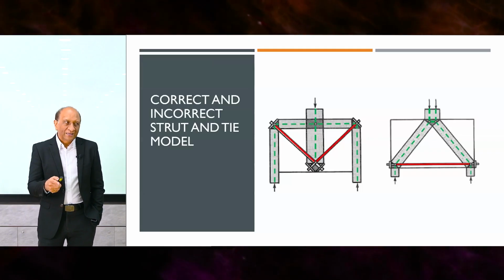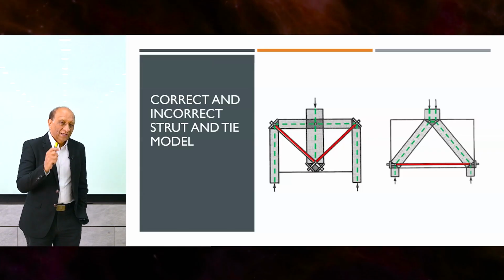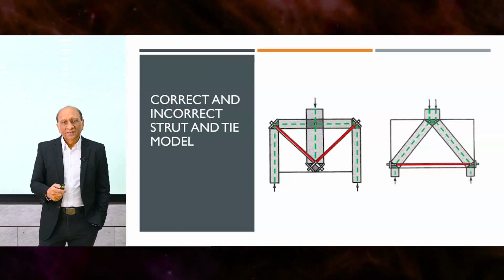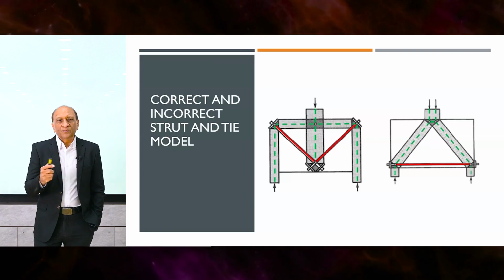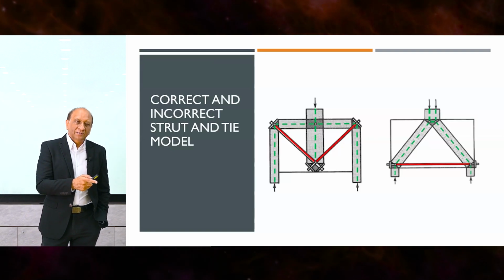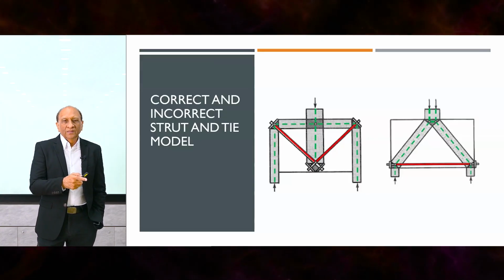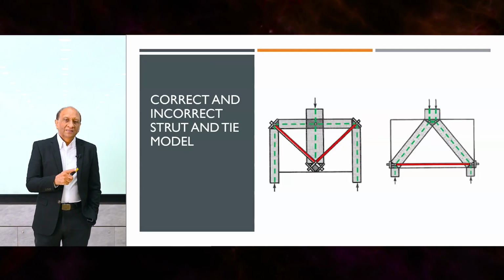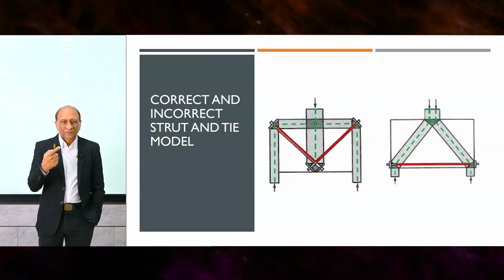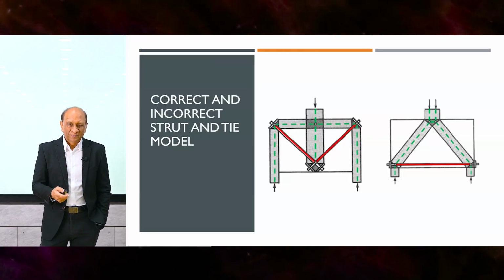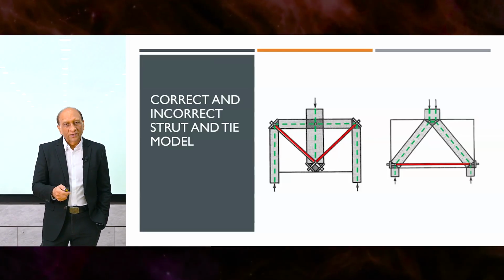So that's why I mentioned that the initial strut and tie should be derived from the elastic analysis and principal direction of the stresses. Compression principal stress leading to the struts, and tension principal stresses leading to the ties. Then you will get a good starting point. Otherwise, you will get a strut which will crack, or you'll get a model which will not be efficient.